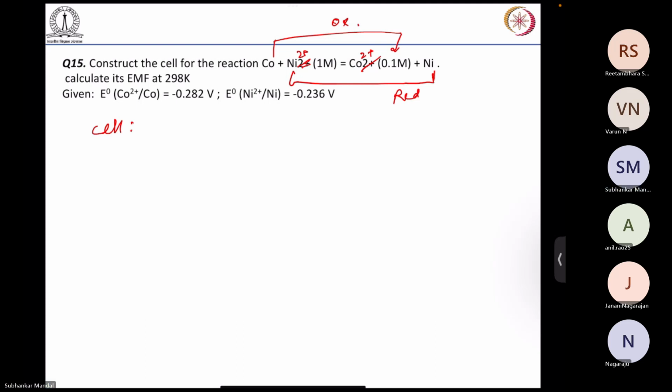What will be the cell reaction? Cobalt is going to cobalt 2+, oxidation, concentration 0.01 molar, and nickel 2+ 0.1 molar going to nickel.